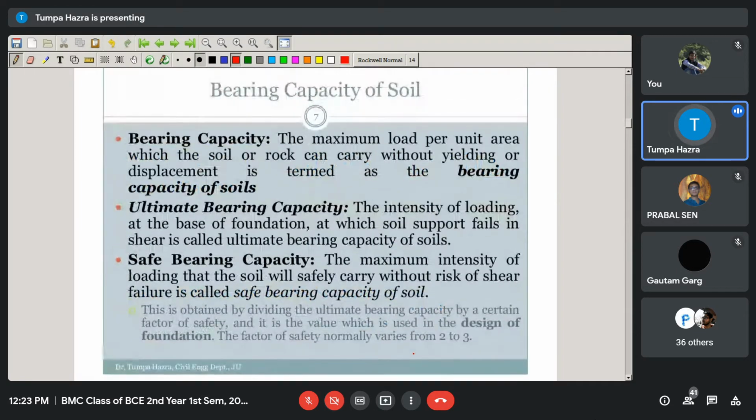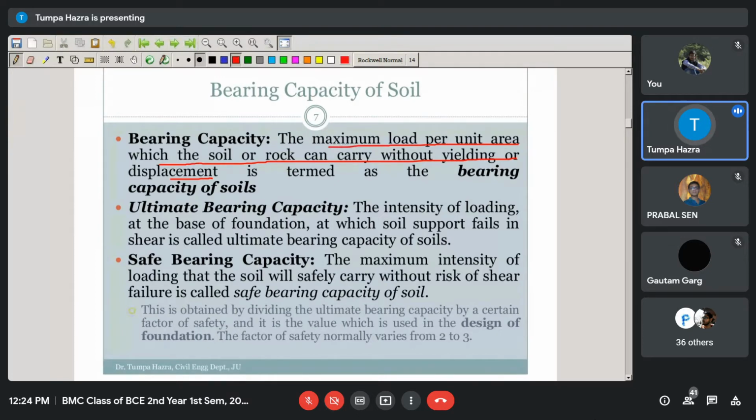Now, what is the bearing capacity then? As I am repeatedly telling you, the load should not exceed the bearing capacity of the soil. The bearing capacity of the soil is the maximum load per unit area which the soil or rock can carry without yielding or displacement. And what is the ultimate bearing capacity?